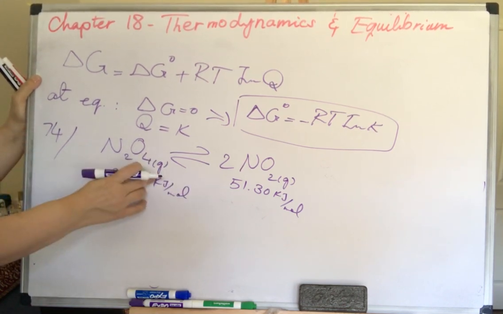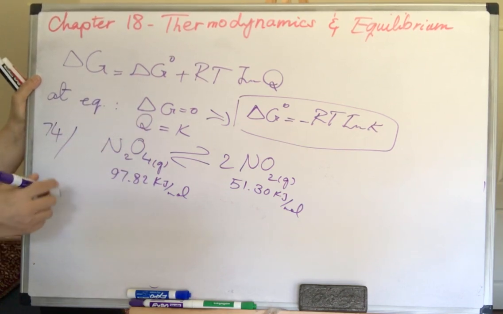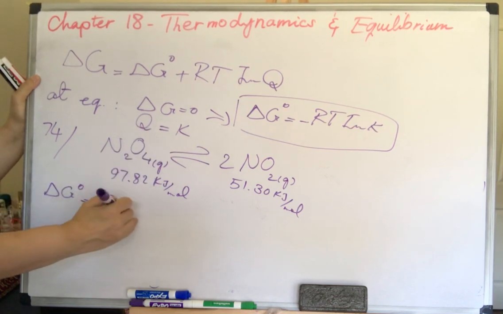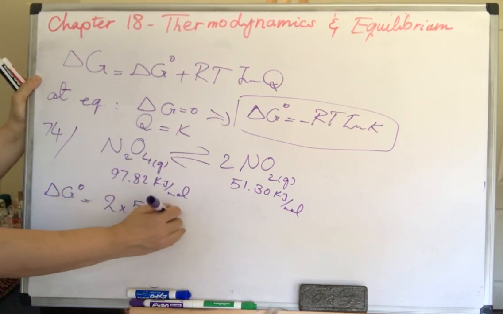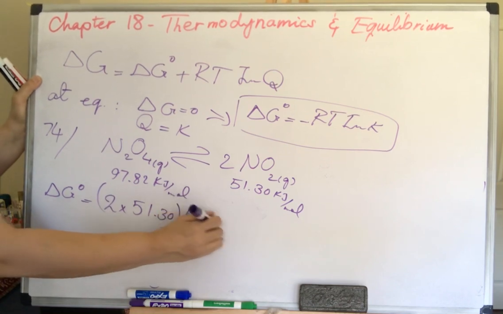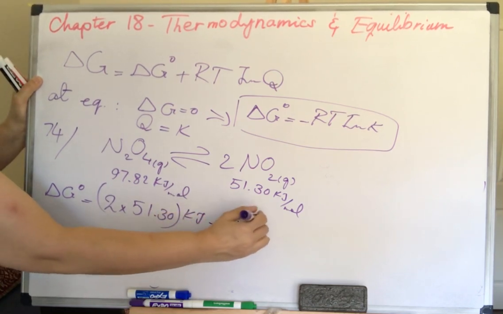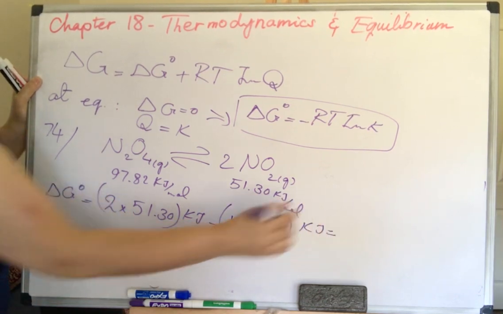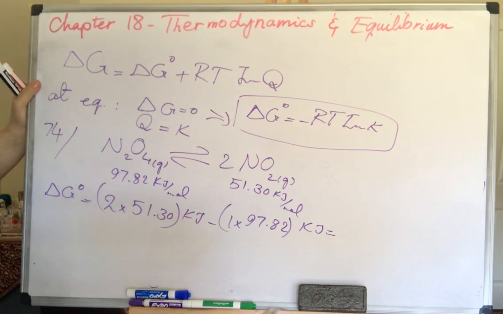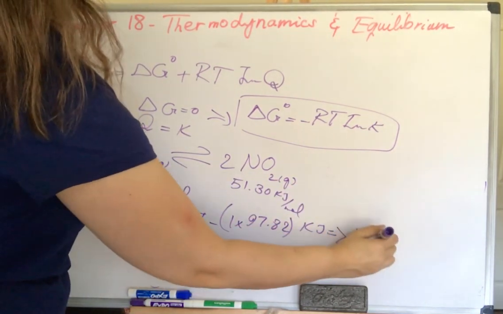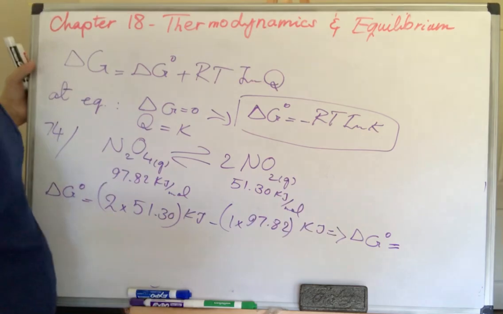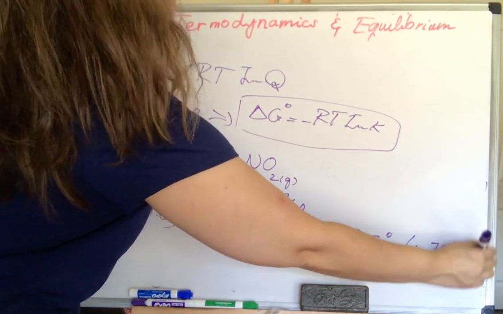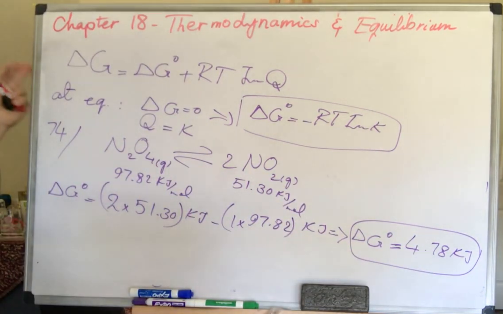So we can calculate delta G standard first. Delta G standard is 2 moles times 51.30 kilojoules, minus 1 times 97.82, which gives delta G standard of 4.78 kilojoules.